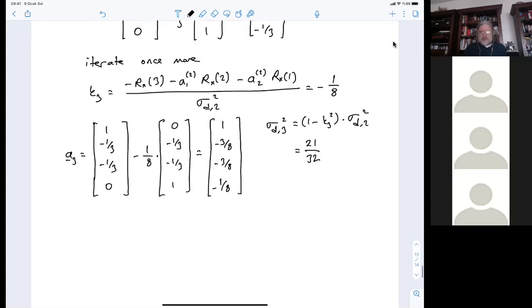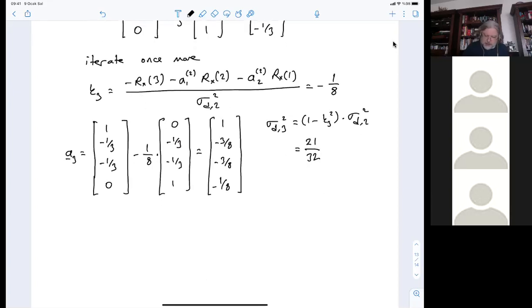So what can we say about the filter coefficients? The filter coefficients are therefore H1 is equal to 3 over 8, H2 is equal to 3 over 8, and H3 is equal to 1 over 8. So these are the new filter coefficients of the third order filter.